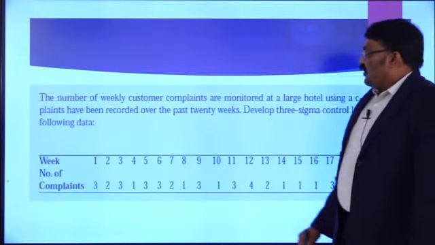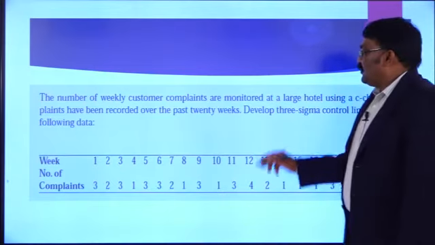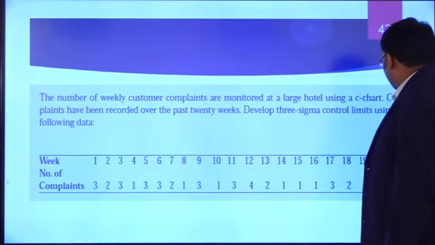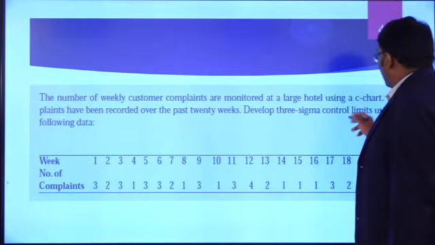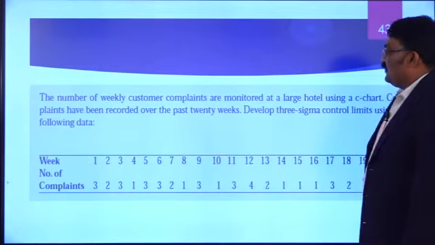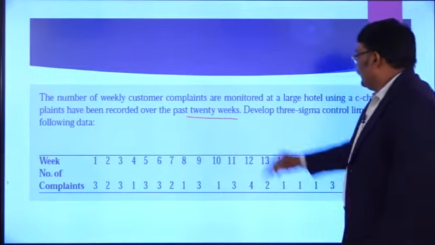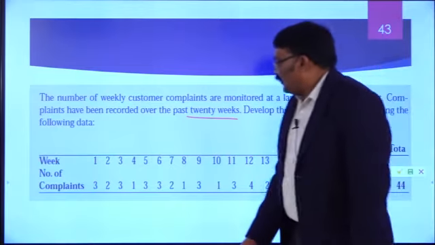Now, a problem in the C chart: the number of weekly customer complaints is monitored at a large hotel using a C chart. Complaints have been recorded over the past how many weeks? 20 weeks. Develop 3 sigma control limits using the following data.